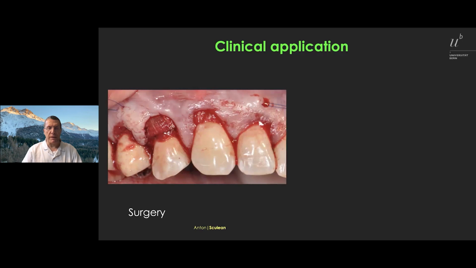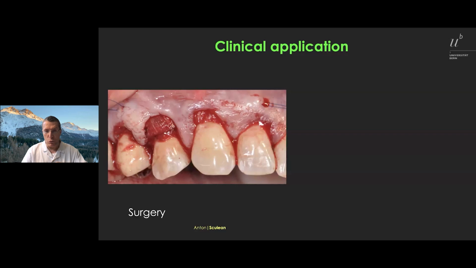And one particular feature of this material is the very, very high hydrophilicity. And that means that the material absorbs the blood and it stabilizes the blood clot, which in one sense is very useful because it is very biologic. However, from the other point of view, the material is very, very difficult to be sutured alone.